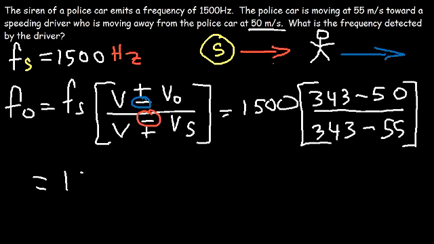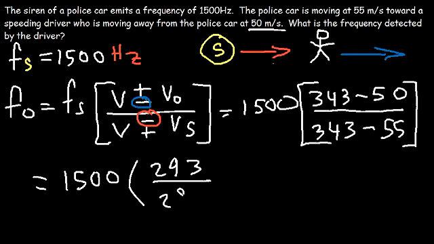So Fs is 1500, and 343 minus 50 is 293, and 343 minus 55 is 288. Now 293 divided by 288 is 1.017 times 1500.